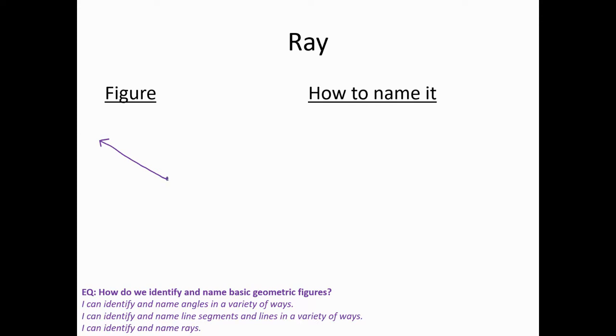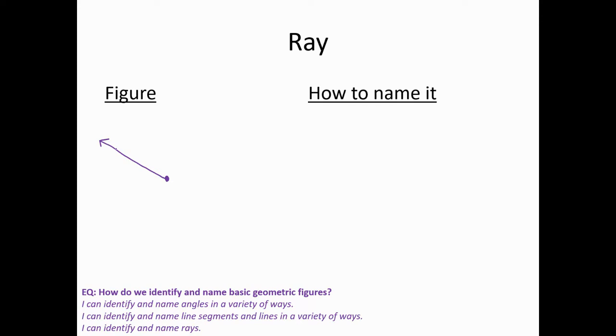The other direction has an endpoint. So a ray has an endpoint like a line segment, and it has an arrow like a line. It is a piece or a section of a line. And it does have this arrow, which means it goes forever in one particular direction. So in this case, mine goes forever in this direction.